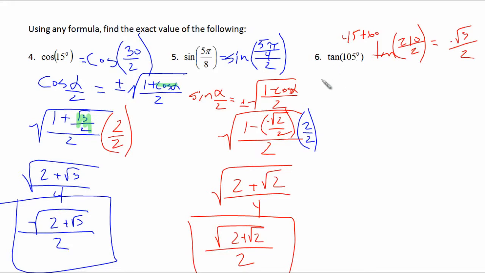The tangent formula here for the half angle is, let me switch back to blue here, tangent of alpha over 2 equals plus or minus the square root of 1 minus cosine alpha over 1 plus cosine alpha. Now we'll go ahead and plug in some values here.